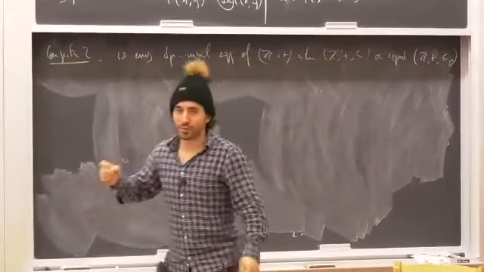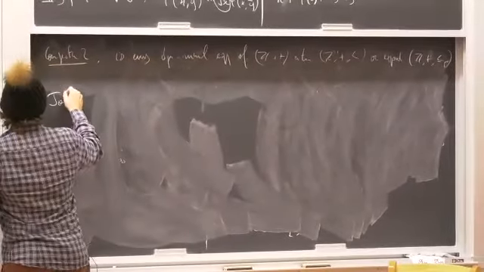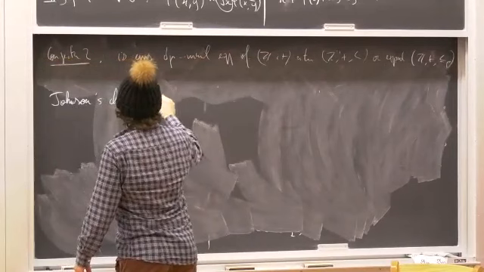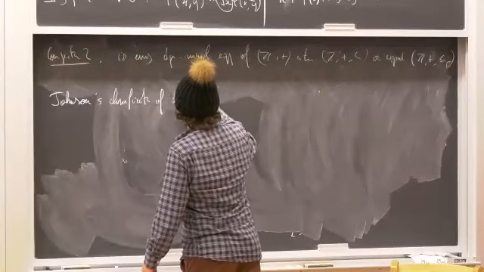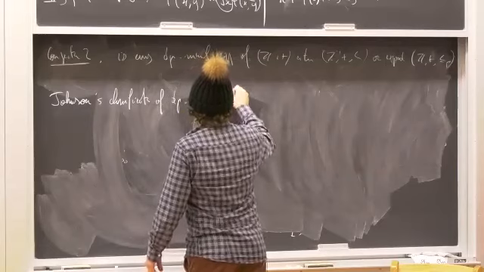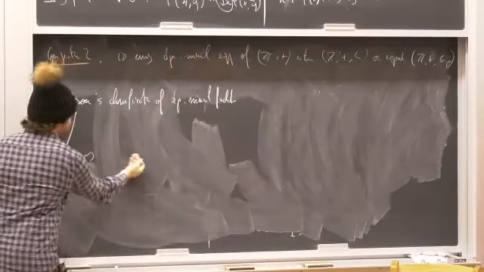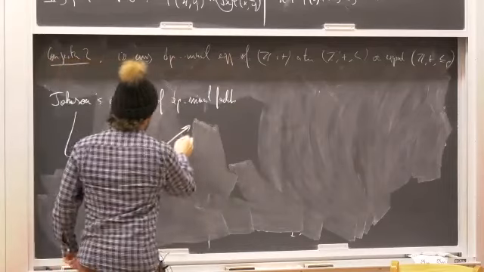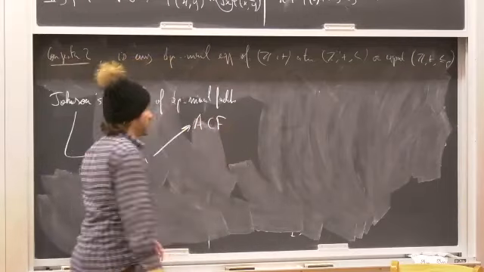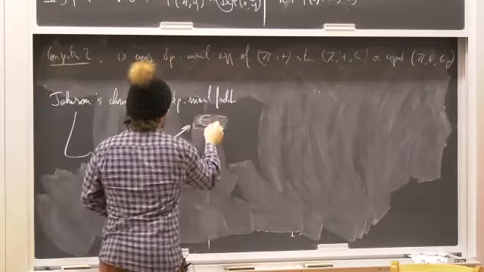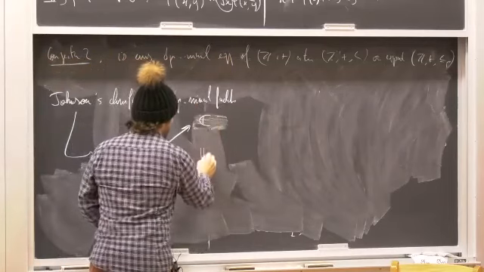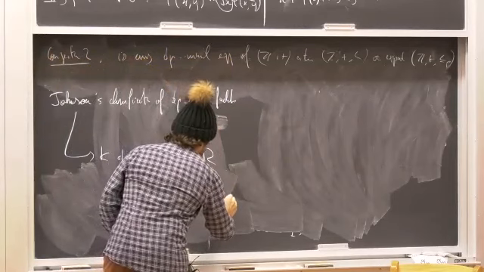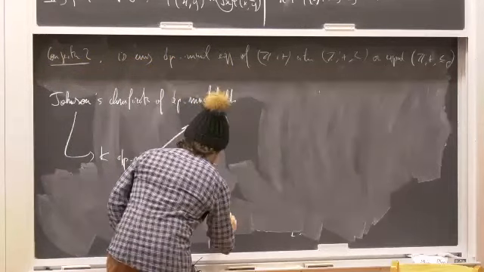And this was strongly supported by a result at that time, the Johnson classification of DP minimal fields. Johnson proved that if you take a DP minimal field K, then it's either something which looks like an algebraically closed field, a real closed field, or has a definable Henselian valuation.